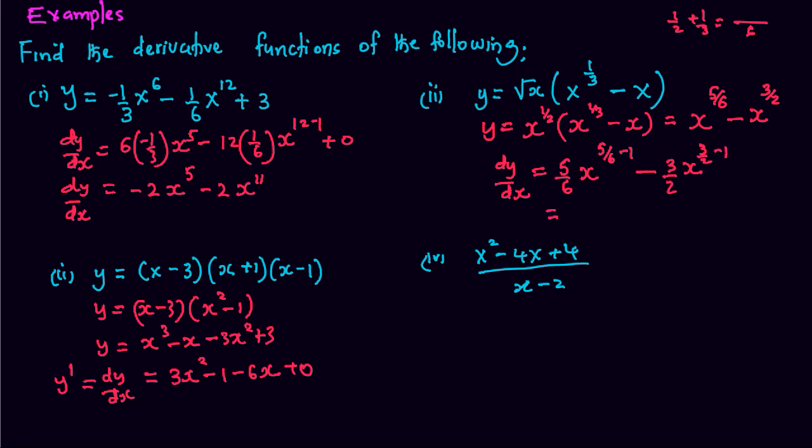And this gives us the derivative function as equal to 5 over 6 x to the power negative 1 over 6, minus 3 over 2 x raised to power a half.